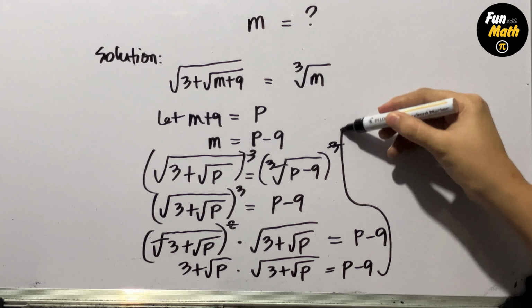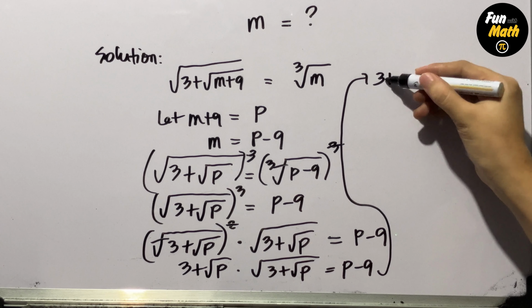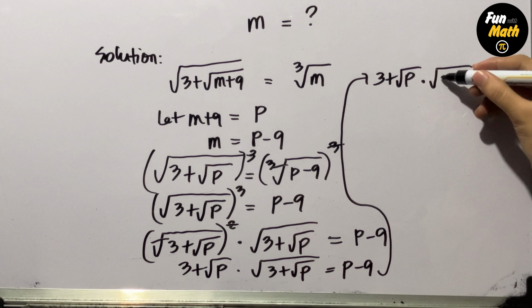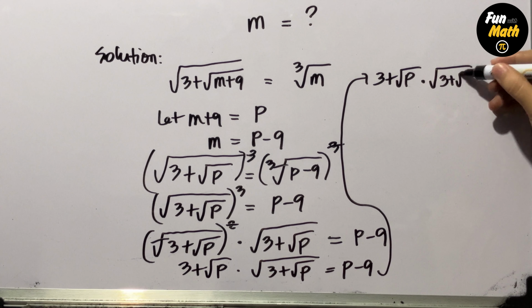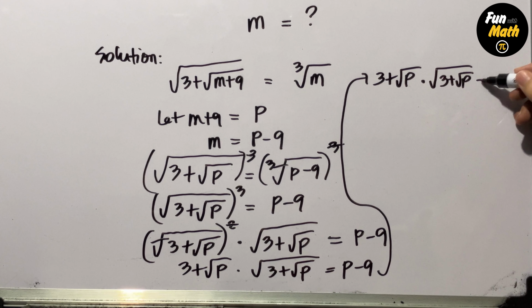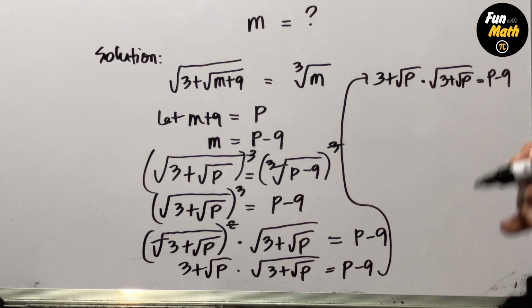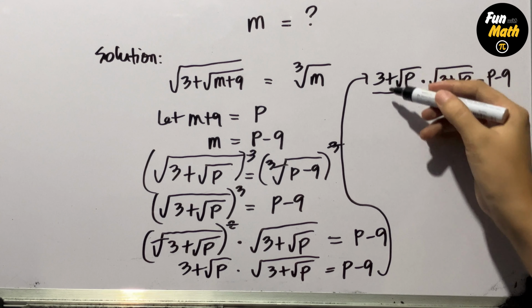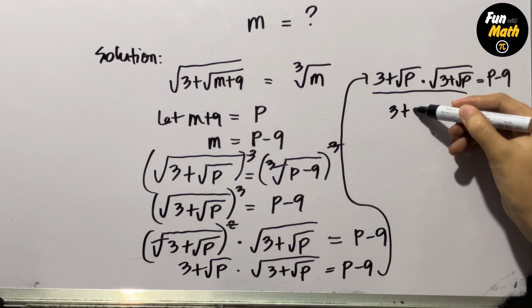Now, next, 3 plus square root of p times square root of 3 plus square root of p equals p minus 9. So what we can do is, we can divide both sides by this, 3 plus square root of p.